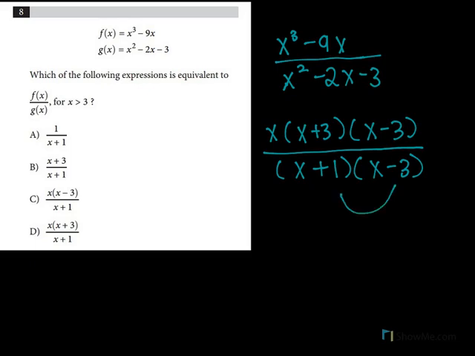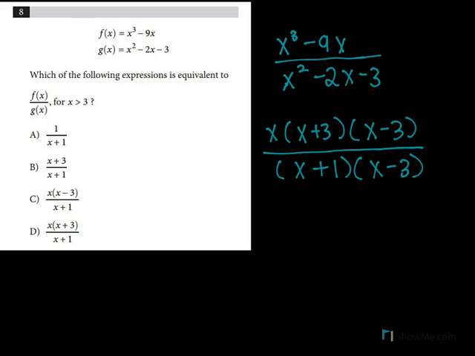So we know this is accurate because negative 3 times 1 is negative 3, and negative 3 plus 1 would be negative 2, which makes the 2x factor. So we know we factored it correctly.